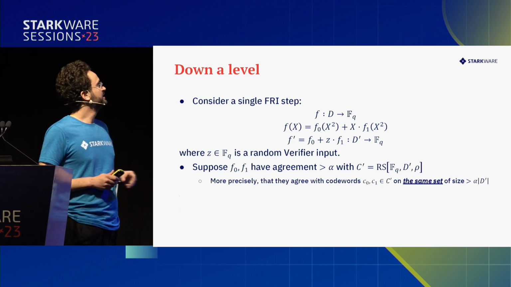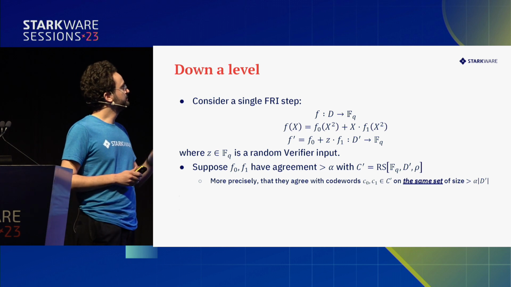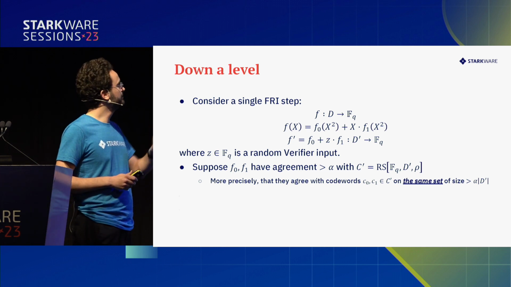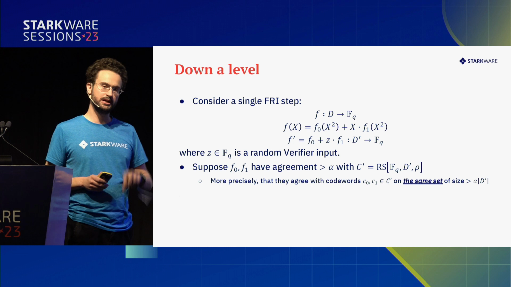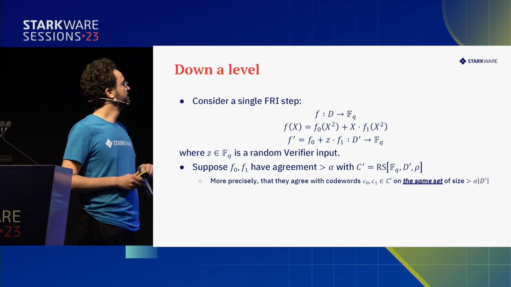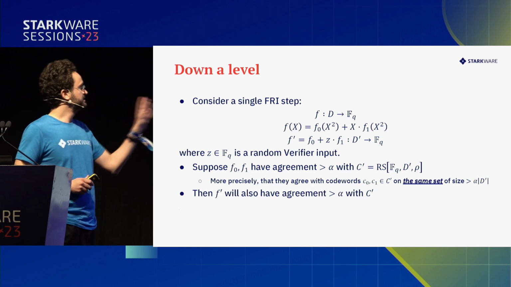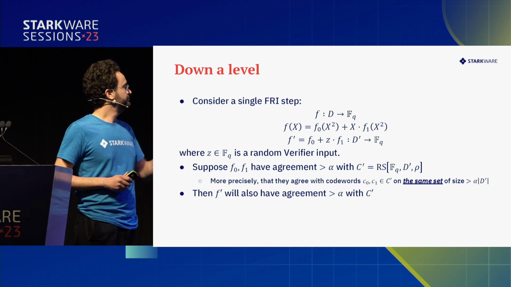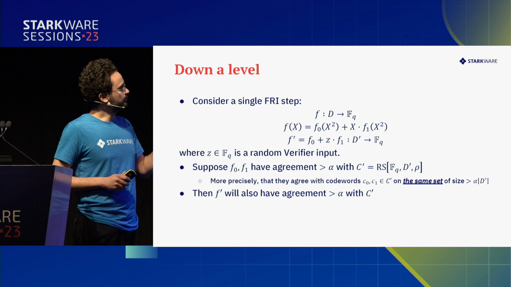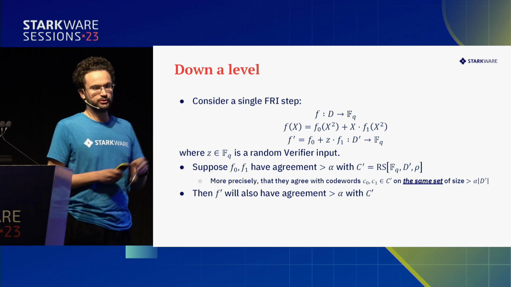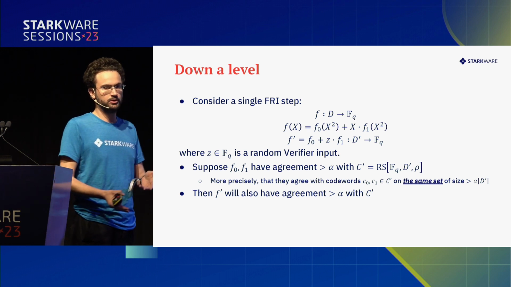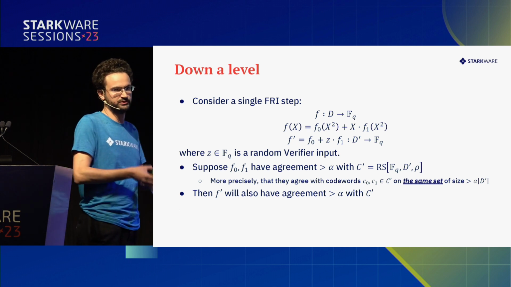More precisely, if f had agreement greater than alpha at points which are of the form x and minus x, then both f0 and f1 will have such agreement at x squared. And it's important that f0 and f1 will have agreement with code words on the same set. So usually when we agree with a certain code word, there is the set of points where they agree.